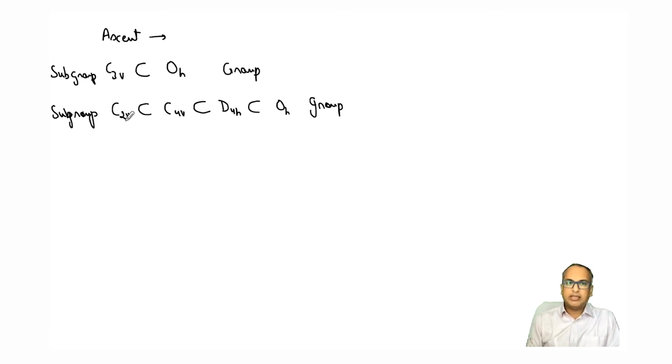In all these cases, the central metal atom does not change its geometry. But if the central metal atom changes its geometry, let's say consider a molecule with a trigonal bipyramidal structure.